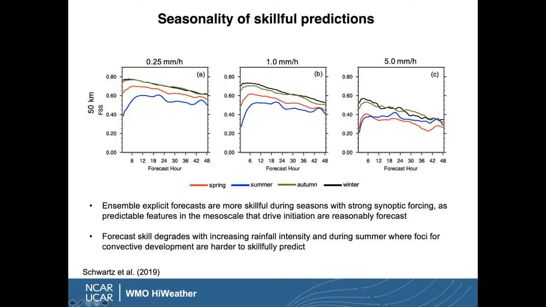And so you can see that our most skillful forecasts are made during the cool seasons, so autumn and winter, whereas as we go into spring and then especially into summer, our forecast skill tends to drop off. And this largely comes from that lack of strong synoptic scale background forcing to help provide the convective environment and the initiation drivers for where convection will form.